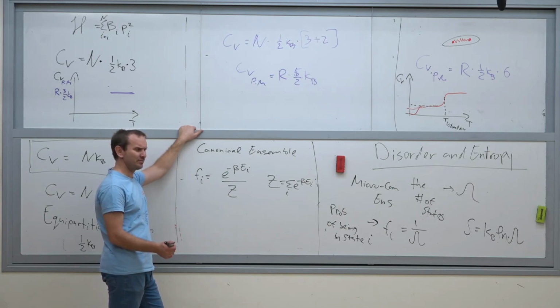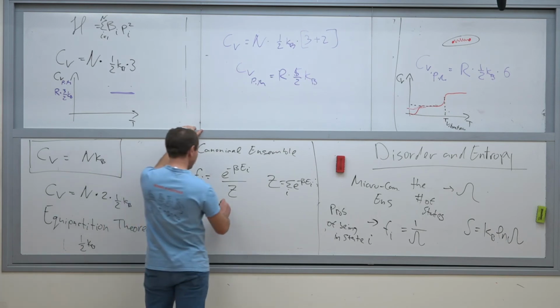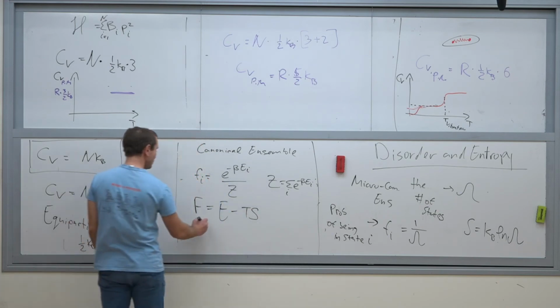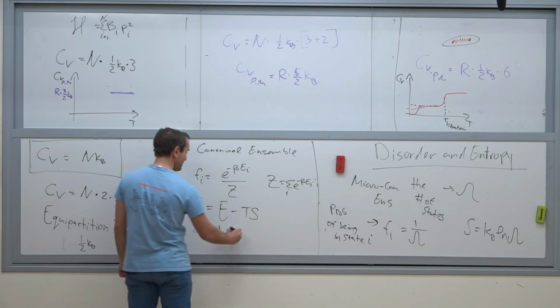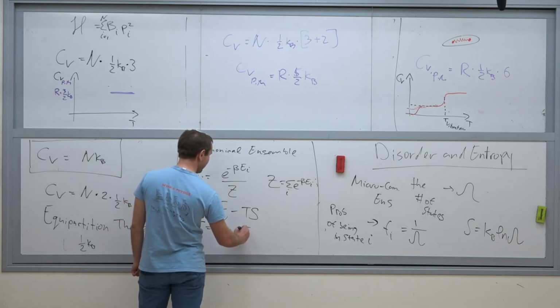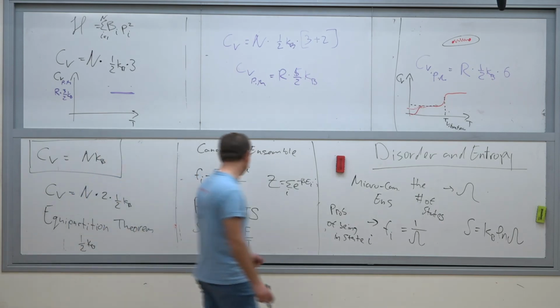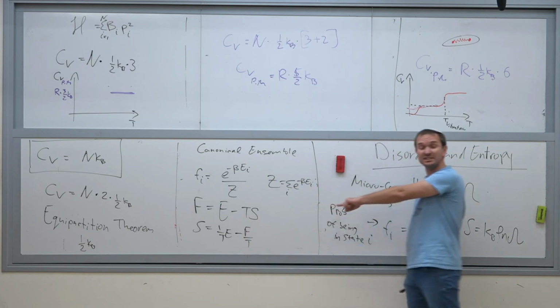What about the entropy? How does entropy look like? We know that the free energy F is E minus TS. So S is 1 over T multiplied by E minus F, divided by T. So if we know how to compute the free energy, and if we know how to compute the energy, and what is the energy over here?